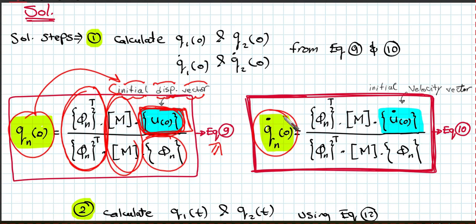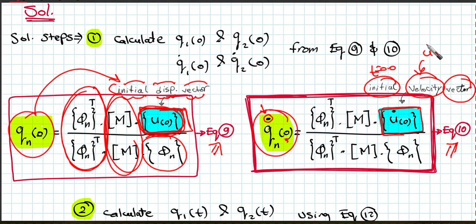Okay. On the other hand, equation 10 gives to us qn dot, which means the velocity contribution here at t equal to 0. So we are going to have this vector, which is u dot node, the initial velocity vector. Initial means that t equal to 0.